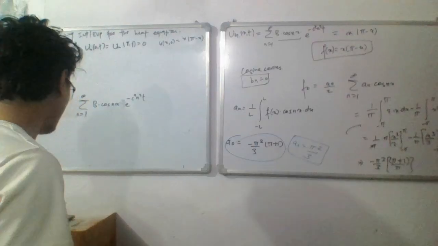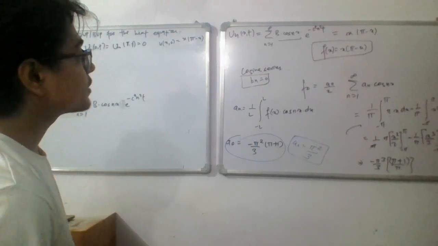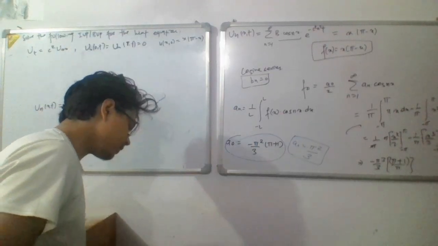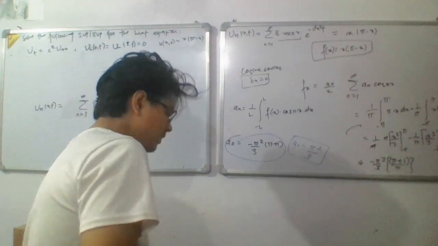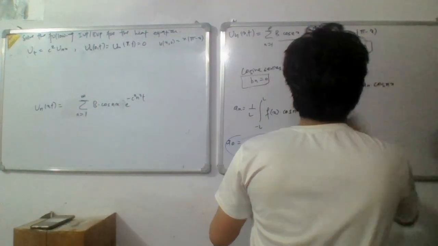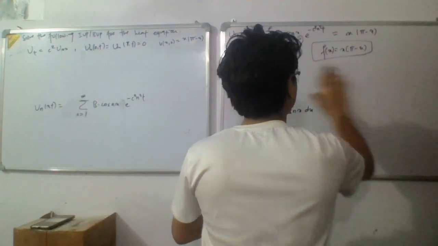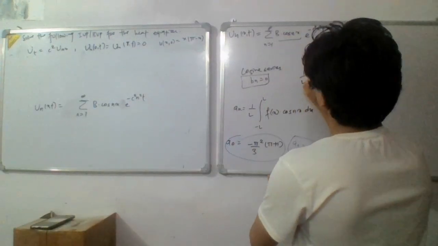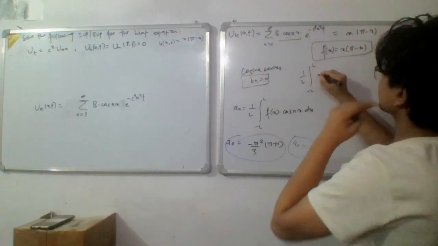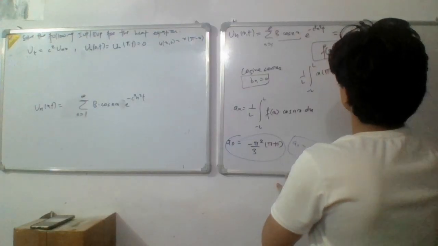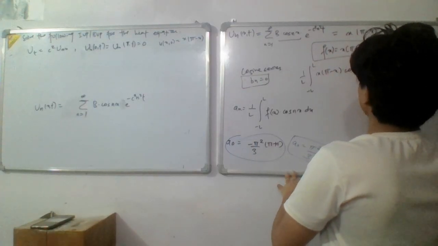Okay. Now let's find a n. I'm sorry for that mistake. So a n is 1 by L, minus L to L, x pi minus x cos of nx dx.